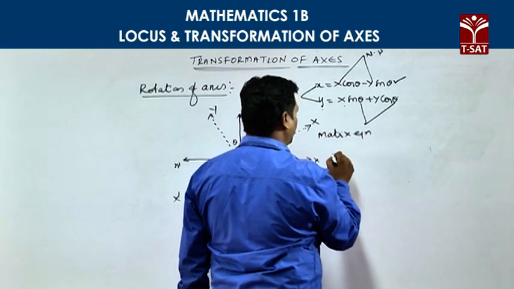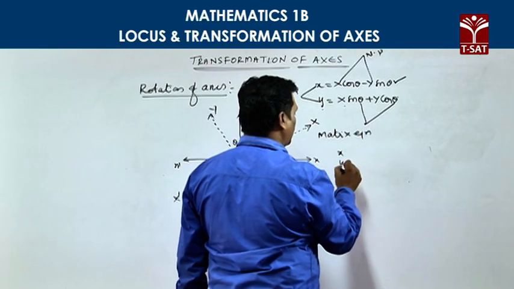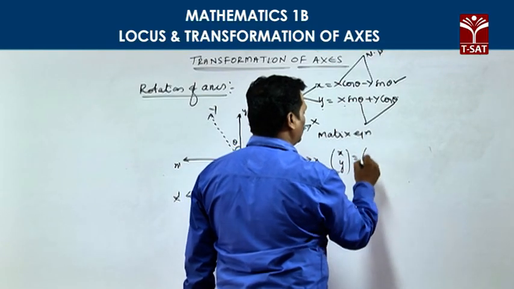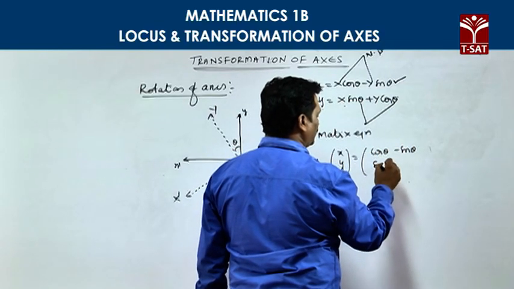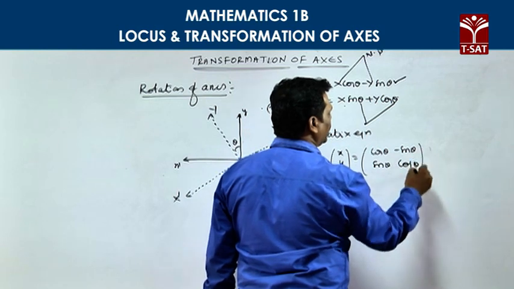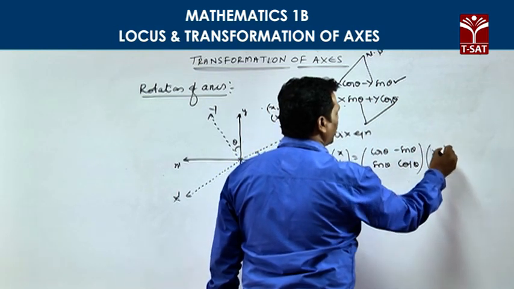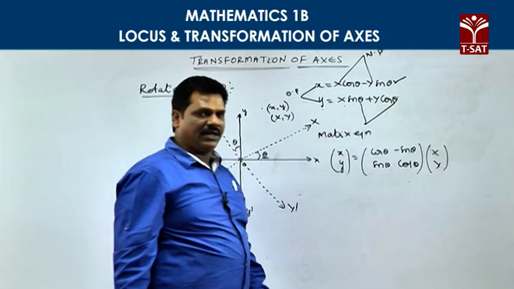So the matrix equation is [small x; small y] equals [cos theta, minus sin theta; sin theta, cos theta] times [capital X; capital Y].